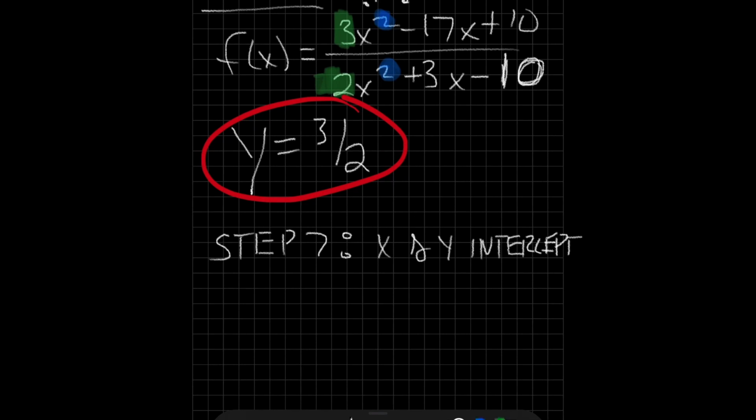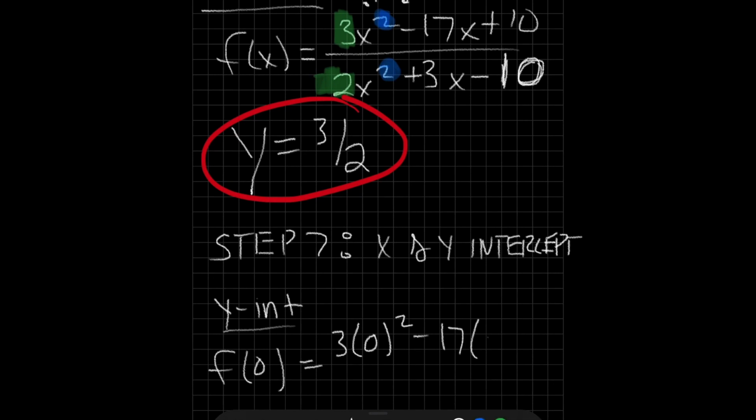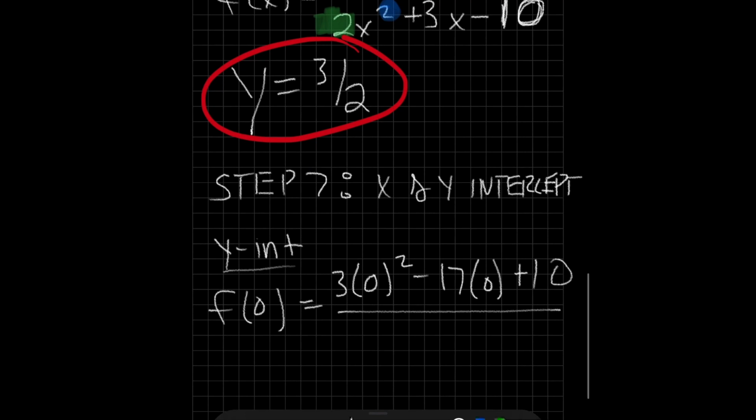So, to find our y-intercept, we plug 0 into the function. So we take f of 0, and then we can use either our factored form or our non-factored form. Doesn't matter. They're both the same function. And here I'm just plugging in 0 everywhere that I see x.